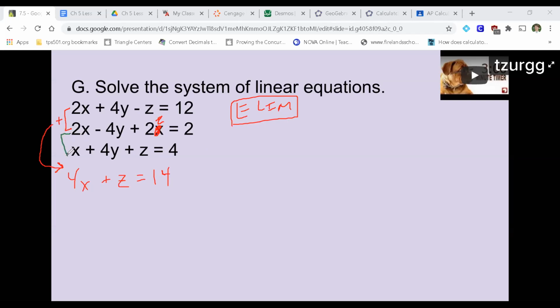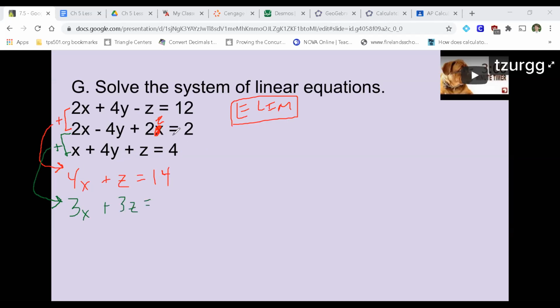If I do the same thing with these two and add them together, 2x plus 1x is 3x. Again, negative 4 plus 4 is 0. That's why we're doing this, to eliminate the y's. 2z plus 1z is 3z.